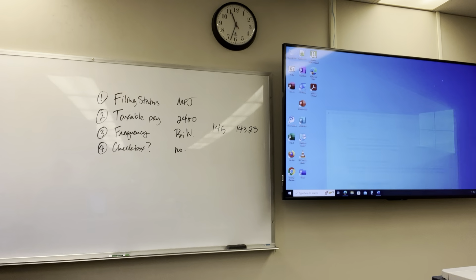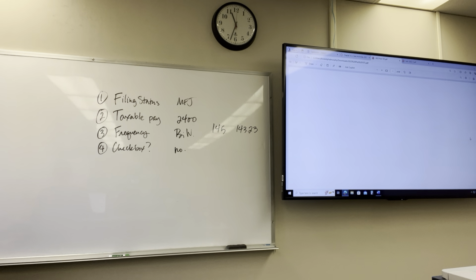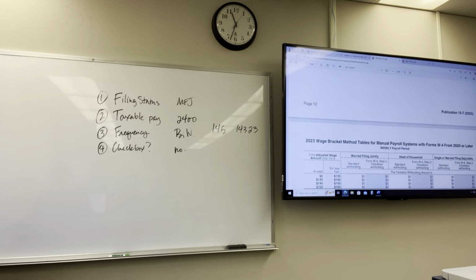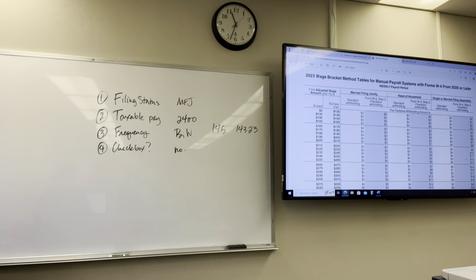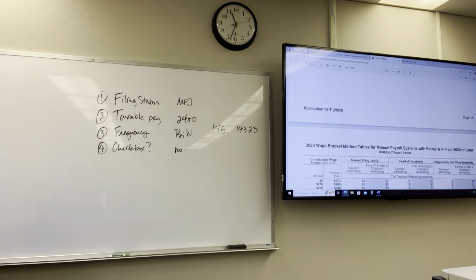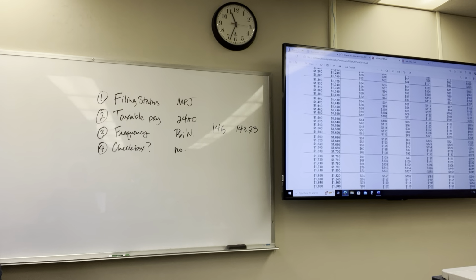We'll look at the table and find the right one. That one's the weekly, we don't want that one. We want bi-weekly. Bi-weekly pay $2,400.